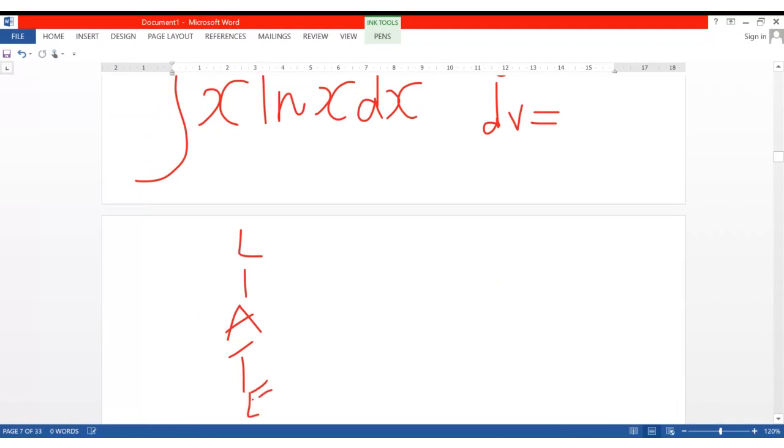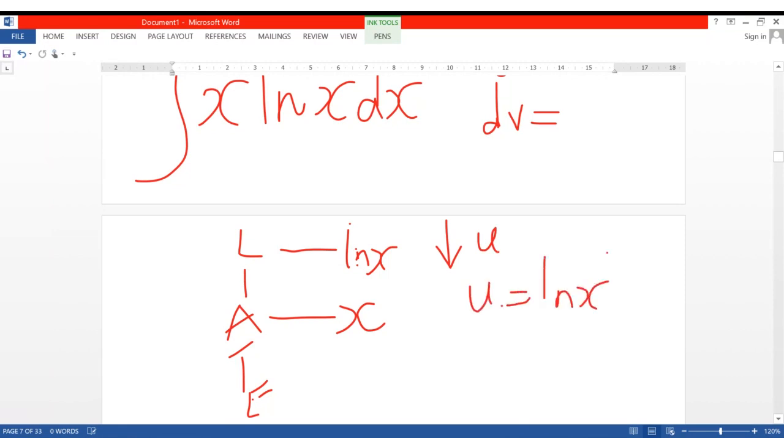Here x is always algebraic. Ln x we said is a form of what? Logarithm. So ln x will be there. If I go down, the first function that I'm approaching is u. So yes, correct, u will be ln x.